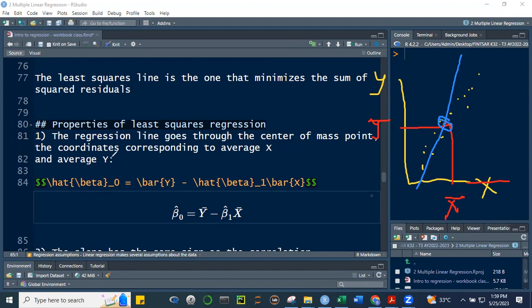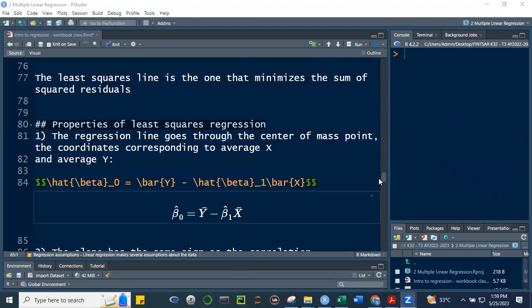Yeah, that's what it's saying here. The regression line goes to the center of the mass point. This is the center of the mass point, yung coordinates na X bar, Y bar. Okay? So, clear yun, class? Laging dadaan yan dyan. Laging tatama siya dyan.